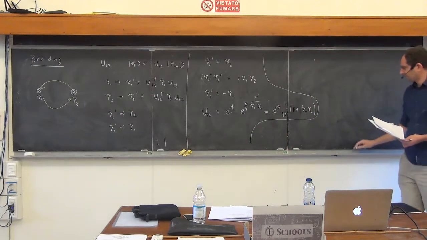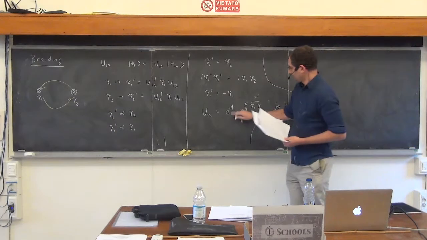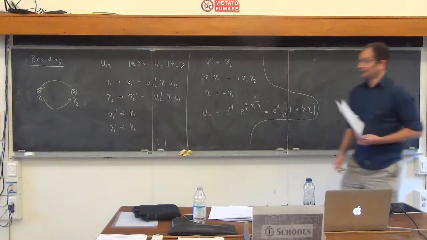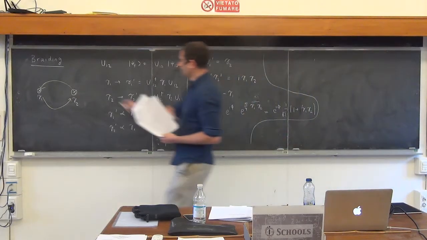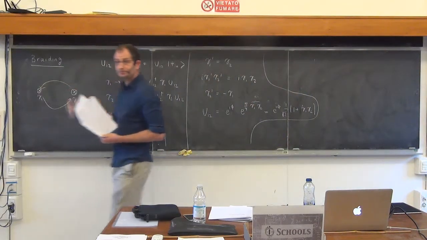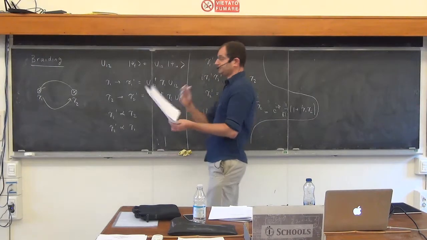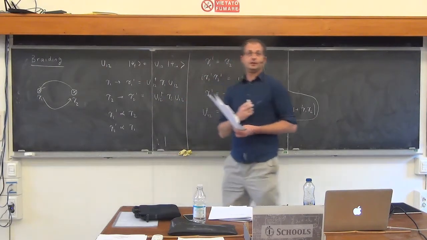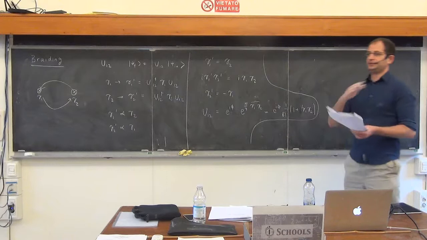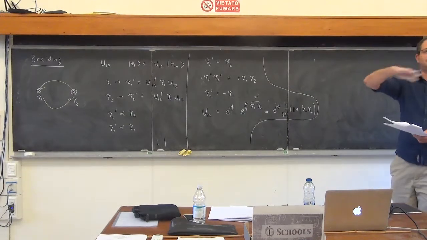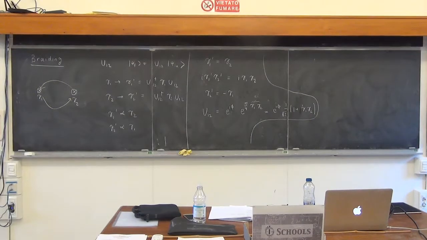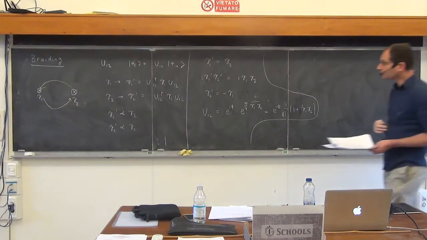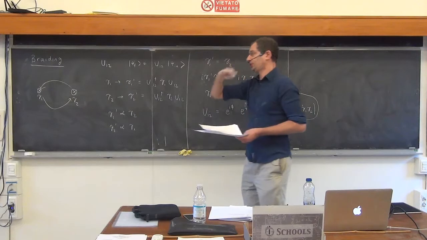Let me just mention one of the reasons why this phase is kind of hard to define, the way I think about the braiding process this way, is the following. If you really think about this as an evolution operator, so there's some time-dependent Hamiltonian. In principle, there's no guarantee that the ground state energy of this time-dependent Hamiltonian, that I follow adiabatically, doesn't change as a function of time.